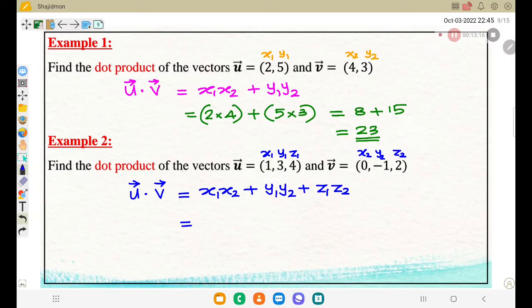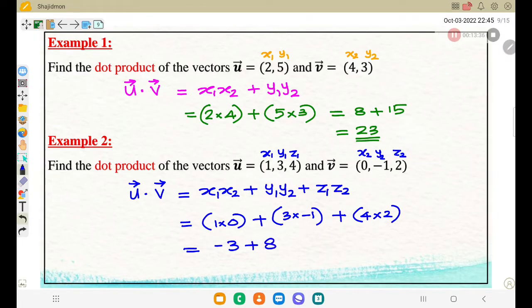Correct? So 1 multiply 0 plus 3 multiply minus 1 plus 4 multiply 2. You can check: 1 multiply 0 means 0, 3 multiply minus 1 is minus 3, 4 multiply 2 is 8. So 8 minus 3 equals 5, we are getting a scalar number as the dot product value. Okay, so 5. Hope you understood this example.